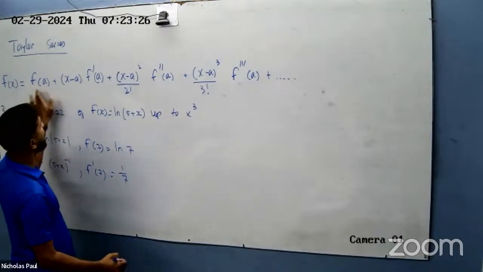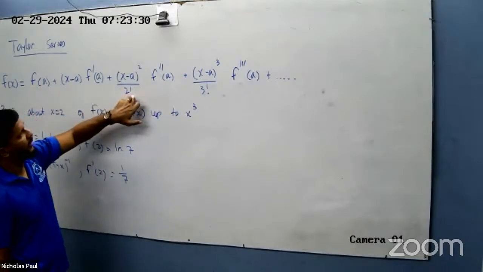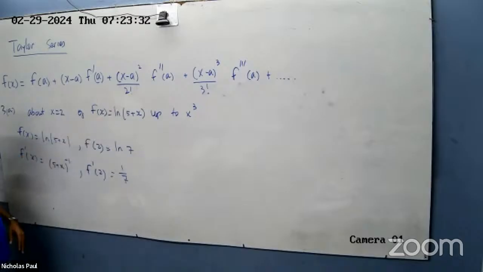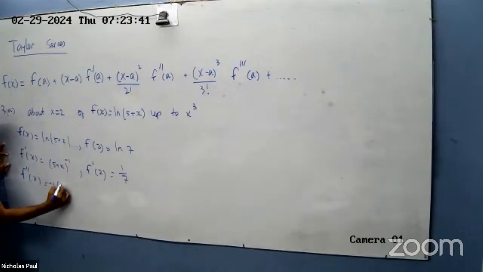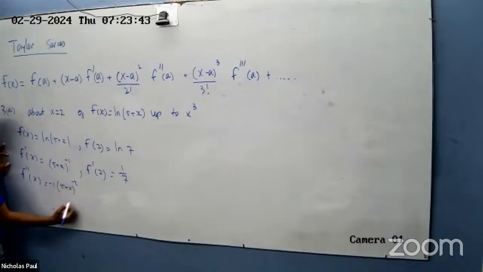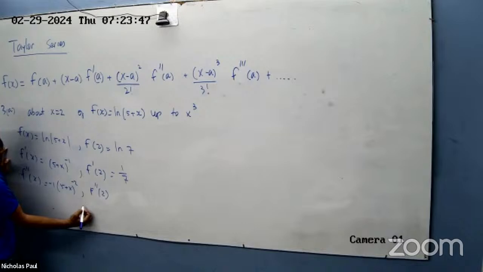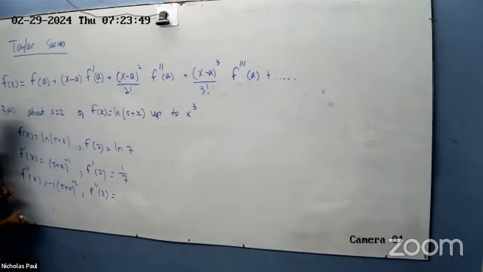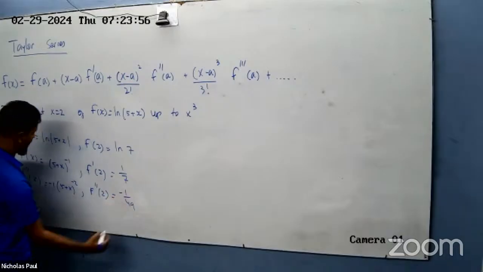You want to get up to x cubed, so we have to go 3 differentials. Oh, it's 6 marks. So this will be minus 1 by 5 plus x to the minus 2. That's f double prime of 2, which is minus 1 on 49.